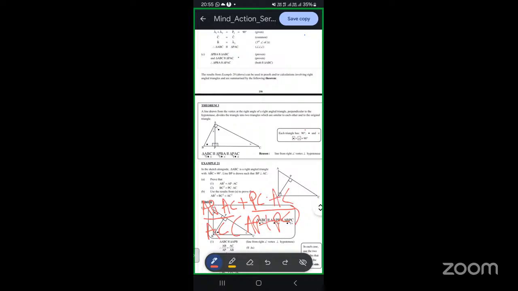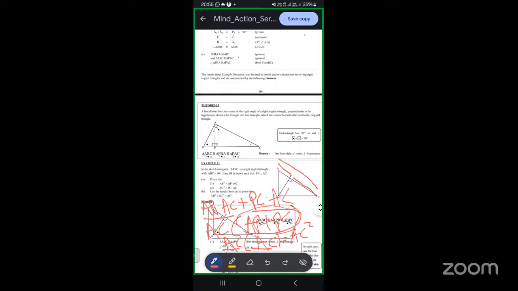When you go to the diagram, you can see that this AP is this part here, and this other PC is this part here. Those two parts, when I add them up, give me AC. That is why this AC times this part here gave me AC here. Therefore, I've got AC times AC, which is just AC squared.